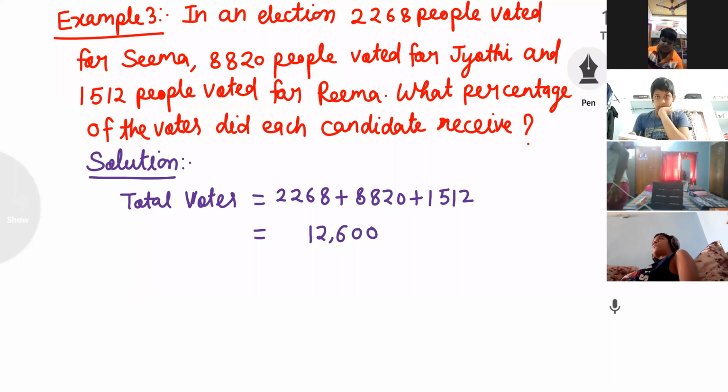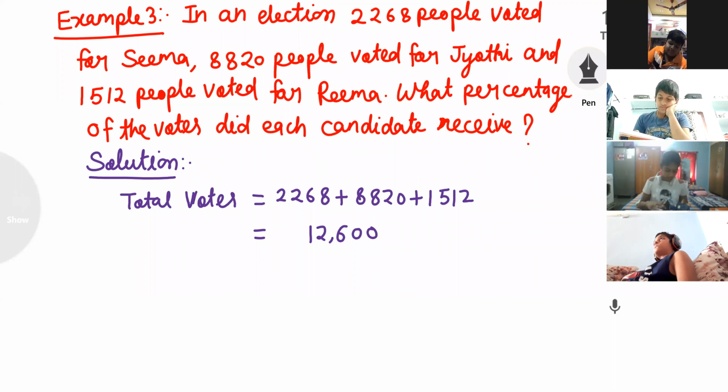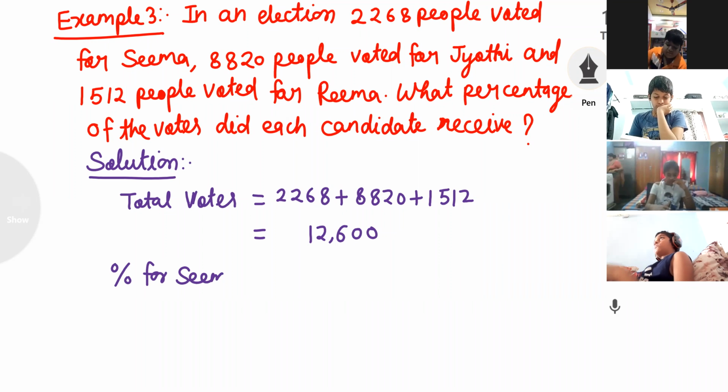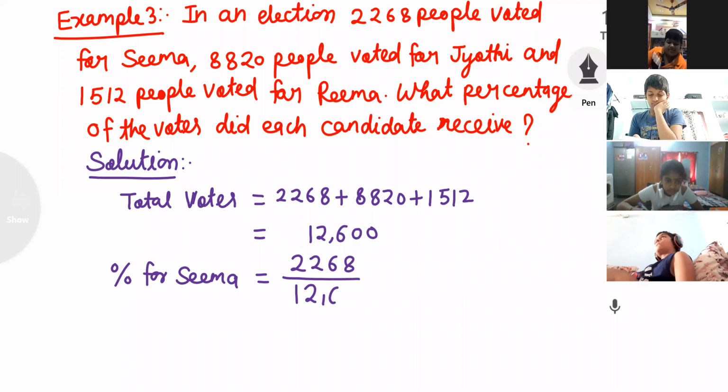This is total votes. But I want to find out how many votes each person is getting. Firstly I want to find out percentage for Seema. Seema is getting how many votes? 2,268 votes. Out of how much? 12,600 votes into 100 percentage.